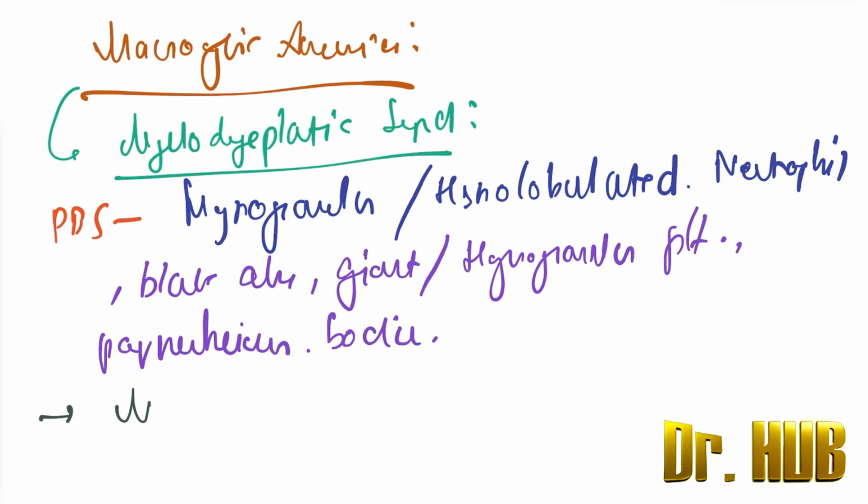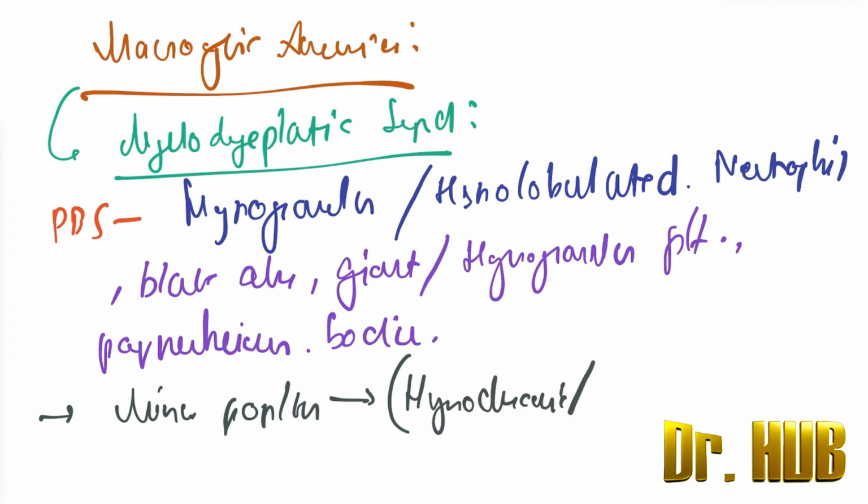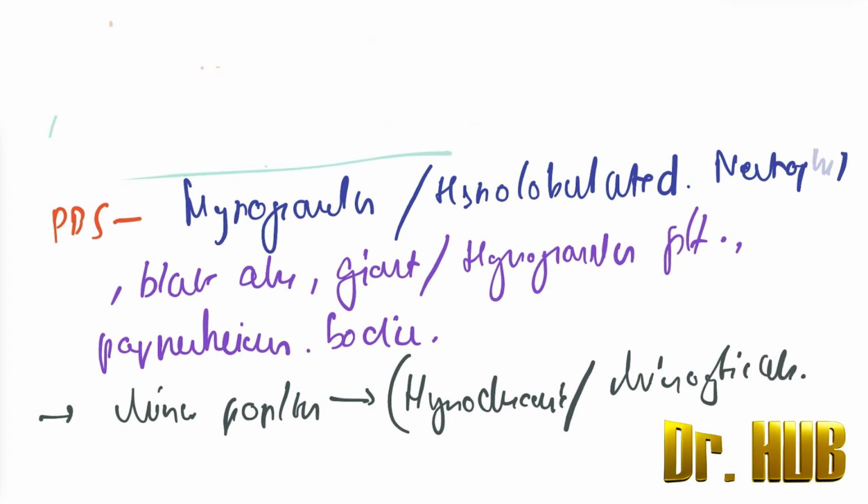Then there is also a minor population of hypochromic or microcytic cells. These microcytic cells are dimorphic, as well as there is presence of poikilocytosis.